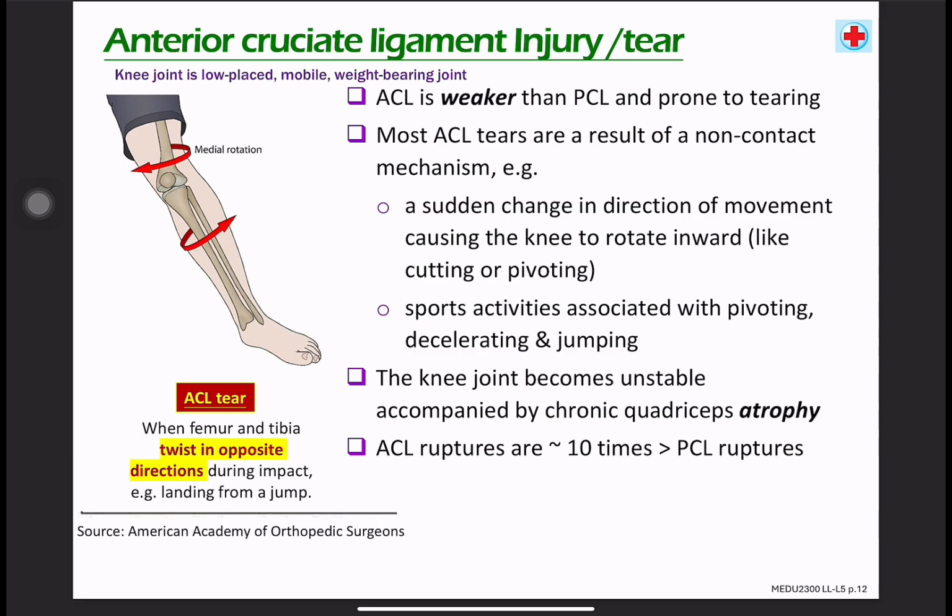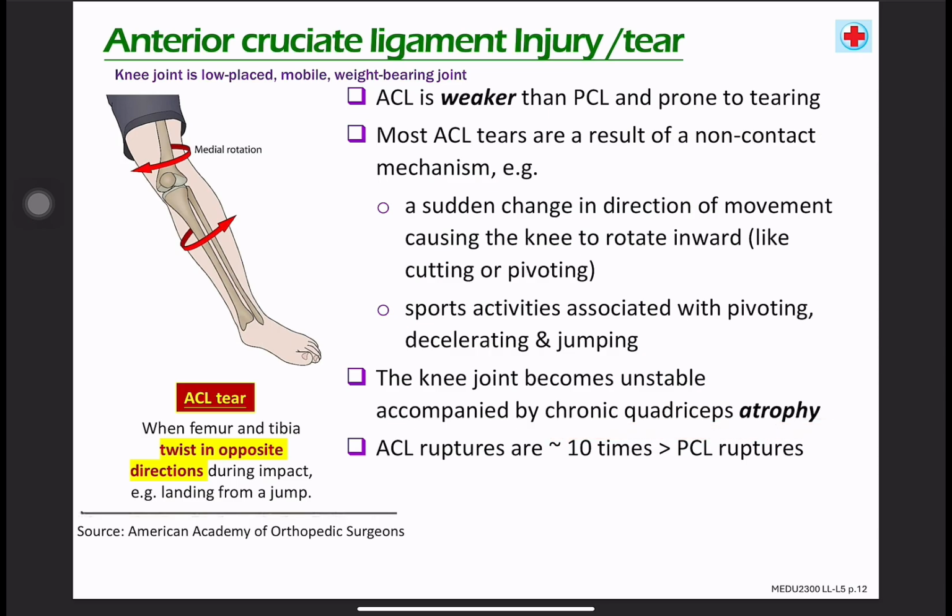Remember in the previous slide where we talked about how in a fully extended knee, the ACL is already tightened. So these movements further strain this ligament, making it vulnerable to rupture. After ACL rupture, the knee joint becomes unstable because the patients cannot fully extend the knee. This leads to chronic quadriceps atrophy.